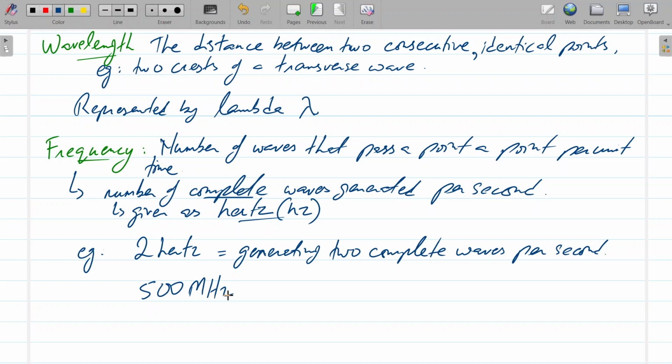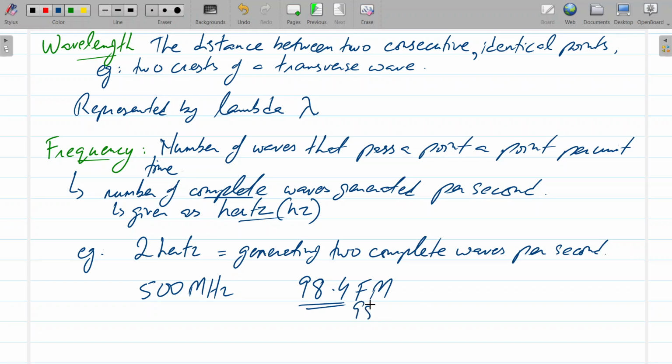Which is a lot. If you have a radio, the radio channels that you tune into have hertz. So you're listening to 98.4 FM, and that's basically the frequency of the channel.